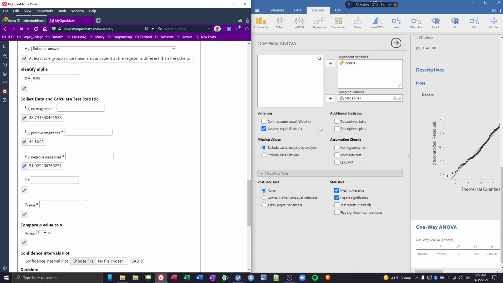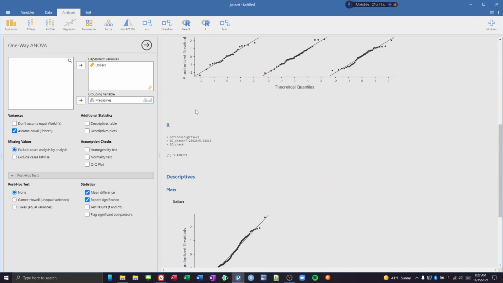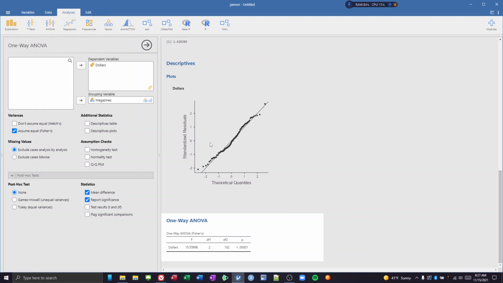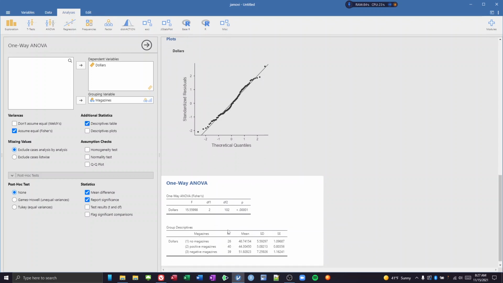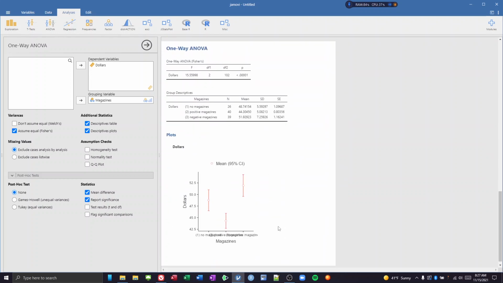And then we could do additional statistics. There's some cool stuff here. Instead of going through and doing all of the descriptives separately, we could just say, hey, I want a descriptive table. Look at that, it gives me what I want. I could also run a descriptives plot, and it plots the confidence intervals.